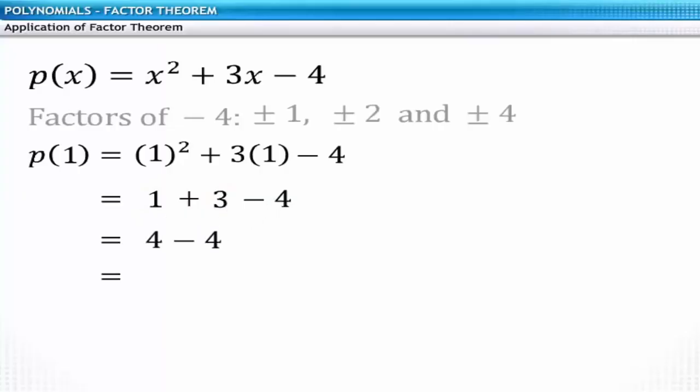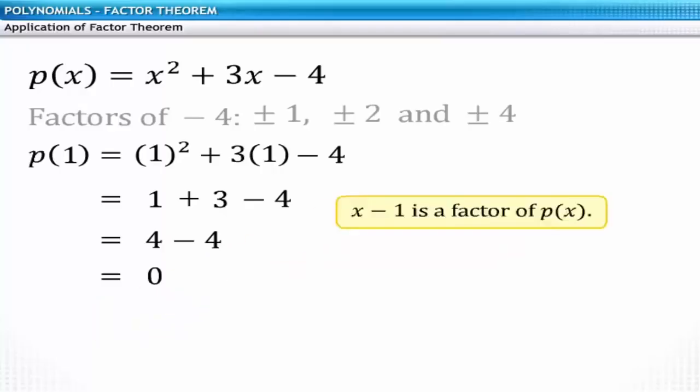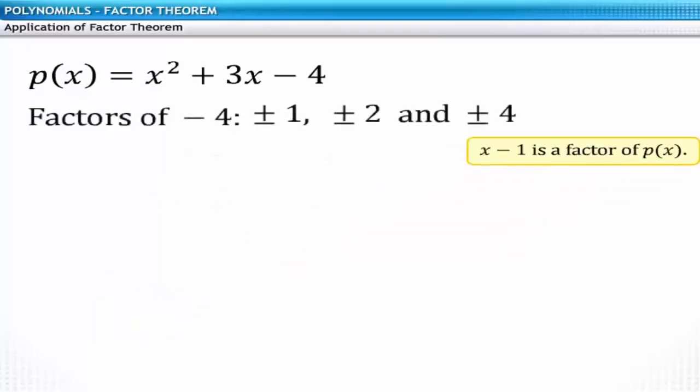Here, the polynomial becomes 0. Based on the factor theorem, we can say that x minus 1 is a factor of the polynomial.